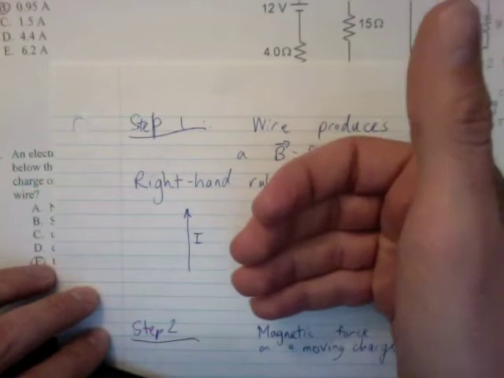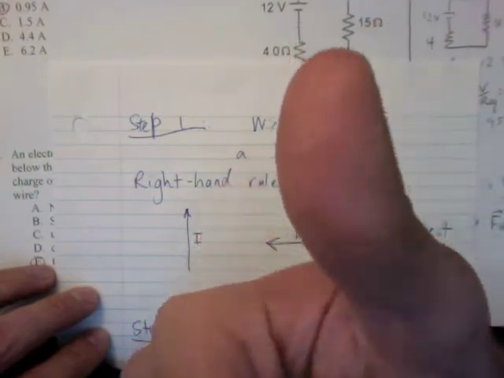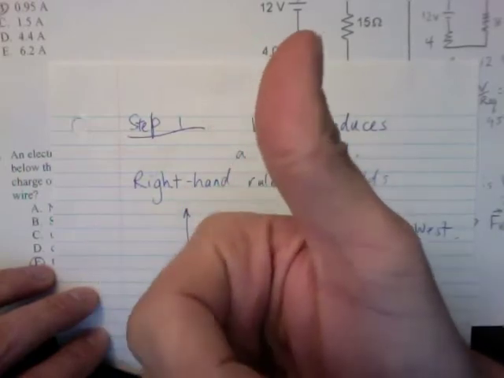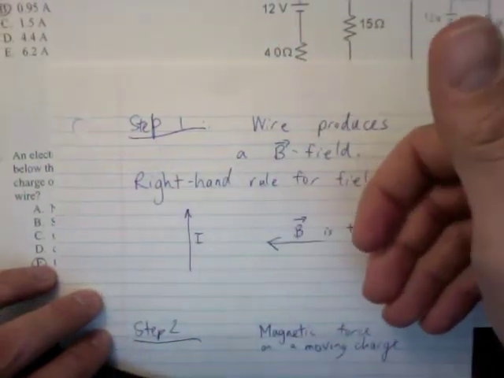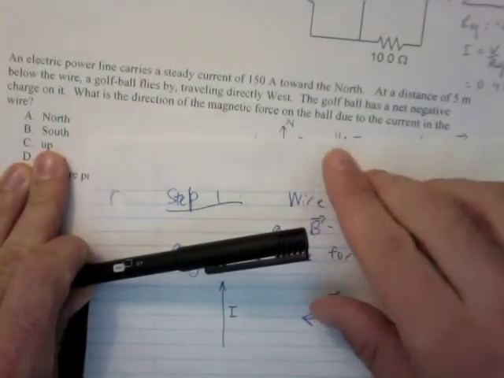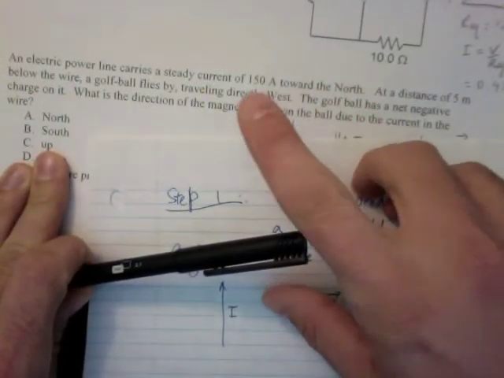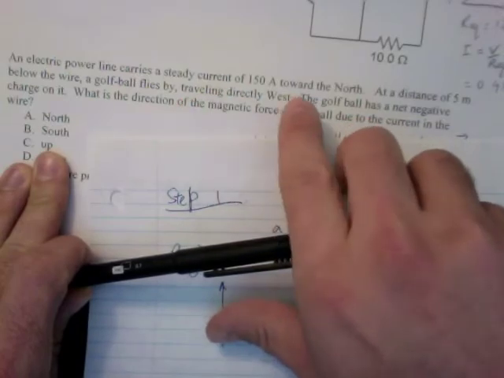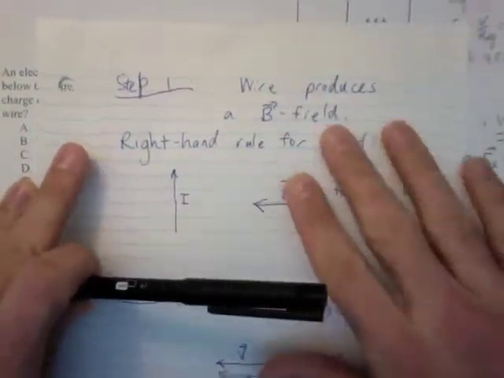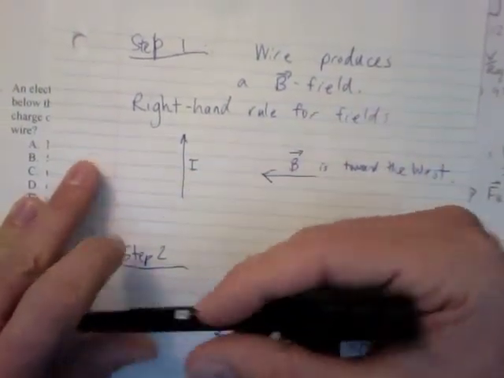So in this case, above the wire there should be magnetic field towards the east, and below the wire, which is where the golf ball is, it says 5 meters below the wire, so we're below there, the B field is towards the west.